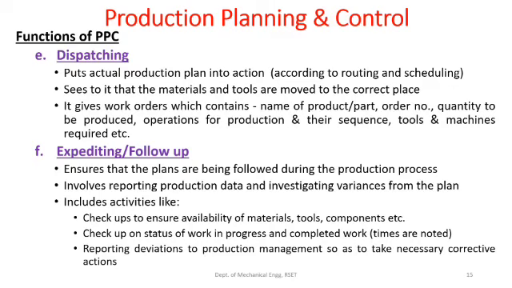Then you check and record the production data and investigate variances from the existing plan, and if there are any variances, you report it to the production management so as to take the necessary corrective action. So these are the activities generally done as a part of expediting or follow-up. So with this, we conclude the topic production planning and control.